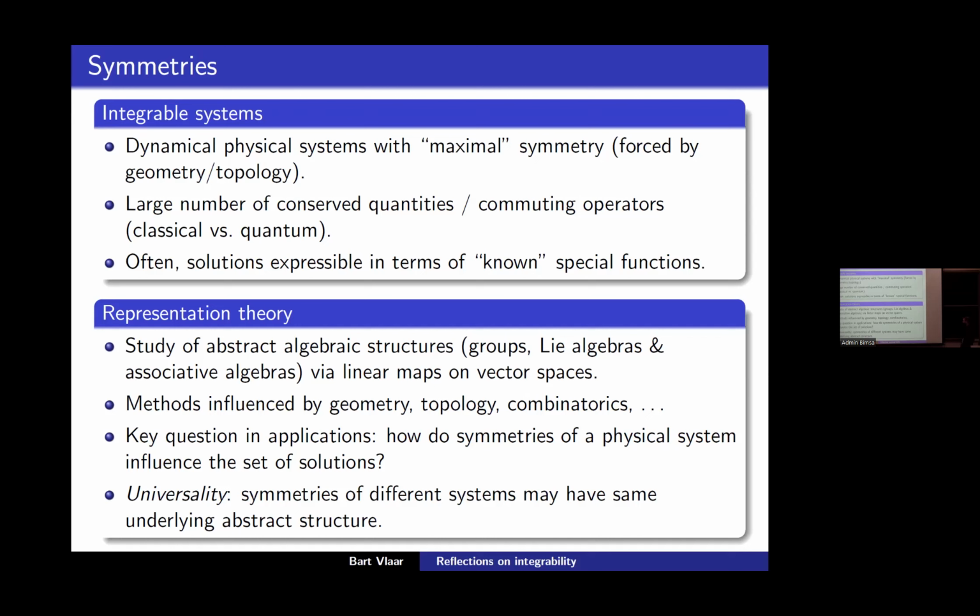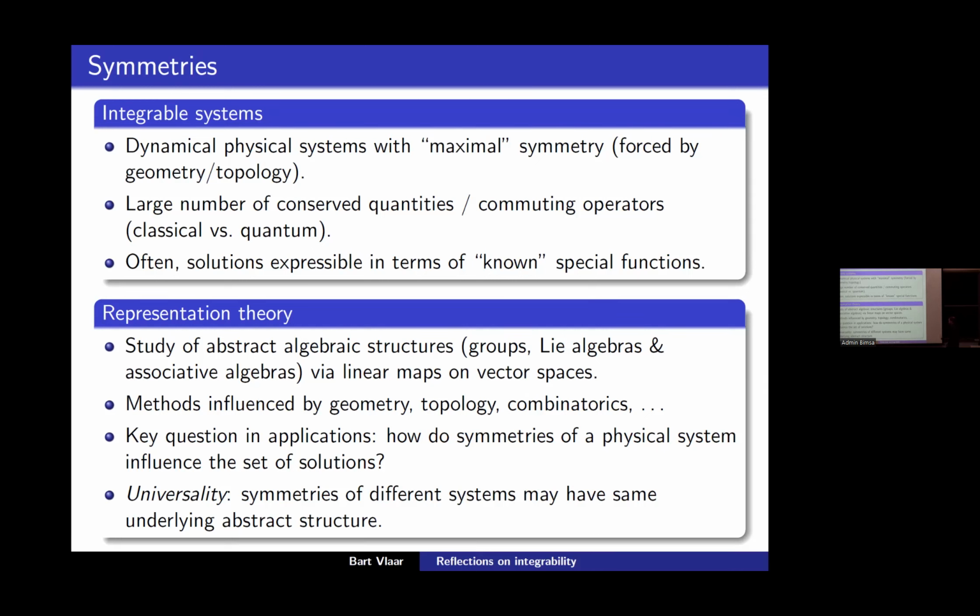You can do this naturally for groups, for Lie algebras, and for associative algebras, which is a more general picture where you can include the other two categories. There are different flavors of representation theory: you can have methods influenced by geometry, topology, combinatorics, operator algebras, and many other connections with other parts of mathematics.